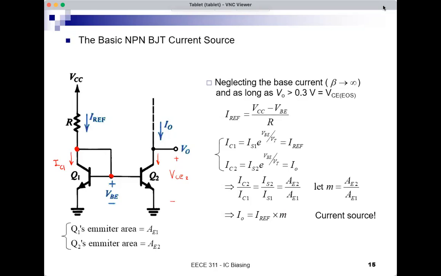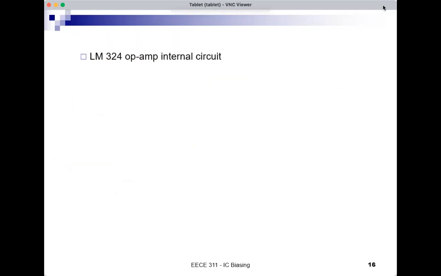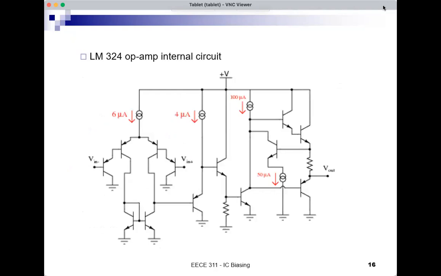But we did a few assumptions here, a few simplifications. Here's an example of an op-amp circuit with bipolar transistors. This is a full op-amp. So this is the internal circuit inside an op-amp.